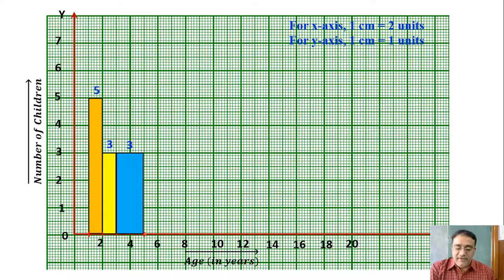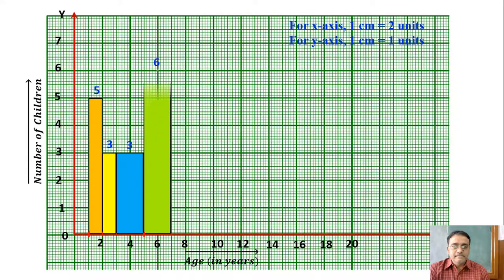And next is 5 to 7. 5 to 7, the adjusted frequency is 6, so it will come up to here. Okay, next one. 7 to 10, and the adjusted frequency is 3, so it will come up to here.